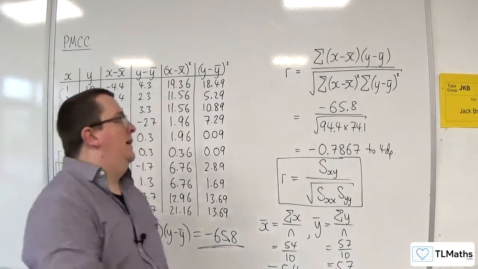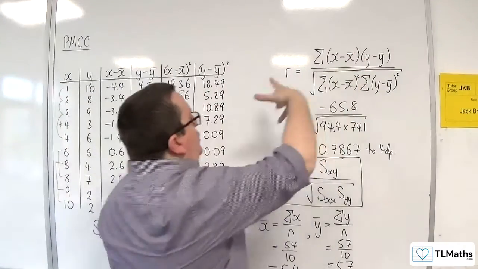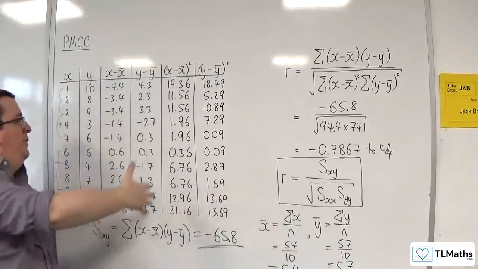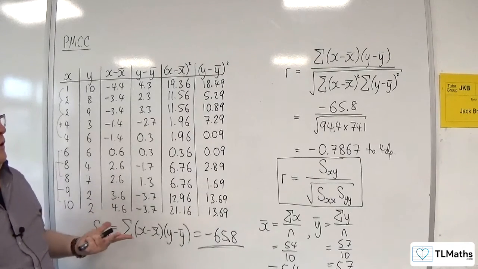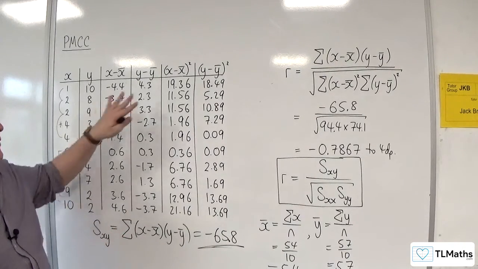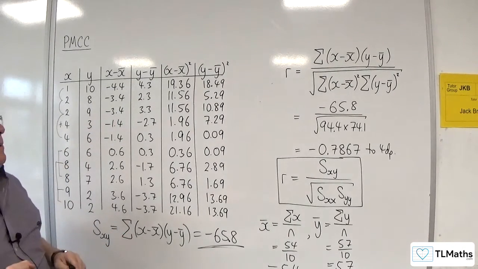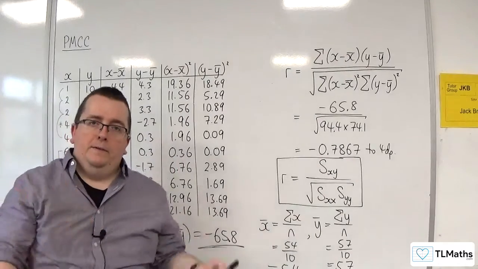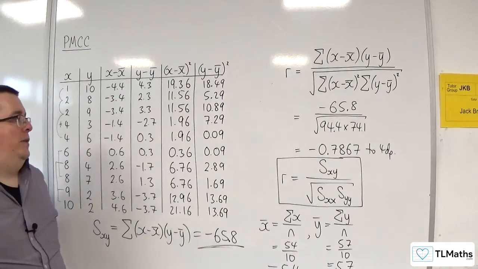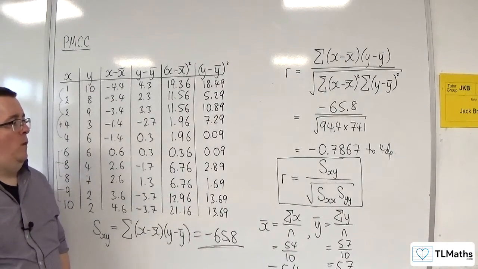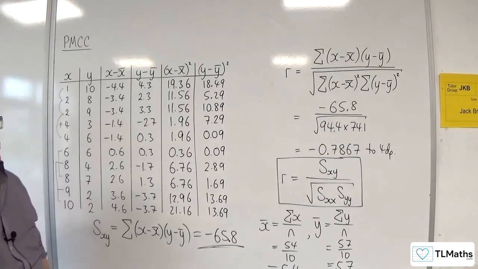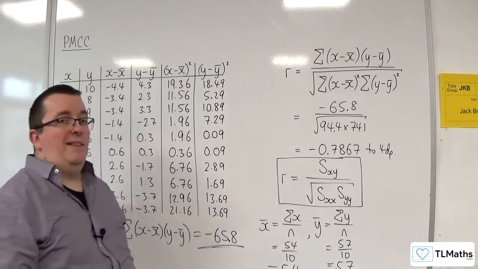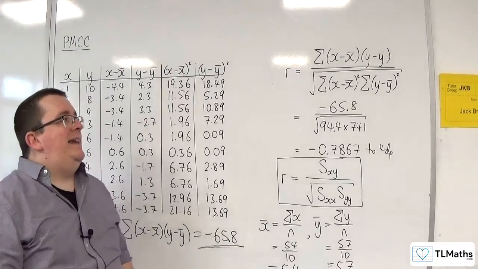Now, this formula by itself, as you can see, is quite cumbersome to use because I've got to calculate each of the values for x take away x bar squared, y take away y bar squared, add them all together. It's not the easiest thing to work with. So we are able to write it in an alternative form, which in the OCR MEI Further Maths formula booklet is given to you.